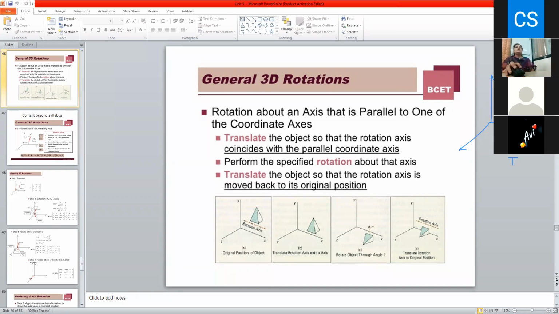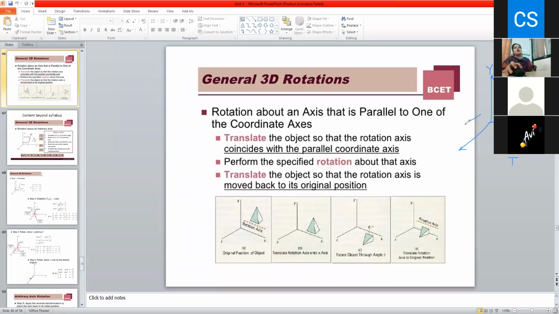Okay. Now there are two cases. One is if any arbitrary axis is parallel to the coordinate axis. मग आता हा arbitrary axis आहे L. If it is parallel with the coordinate axis, so consider this is x-axis and L is parallel to x. Or if I want to rotate the object around this axis, which is your axis M, and this M axis is parallel to y-axis.